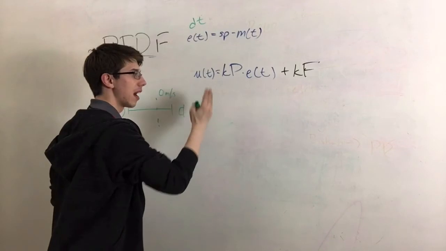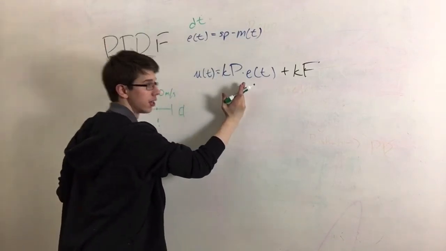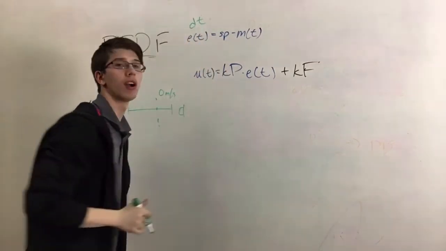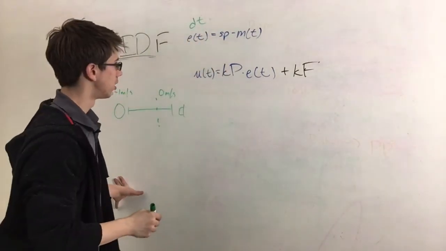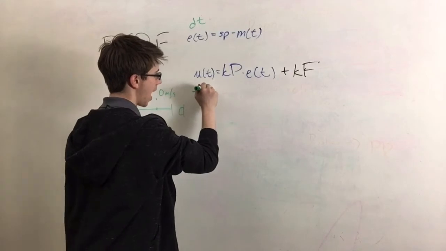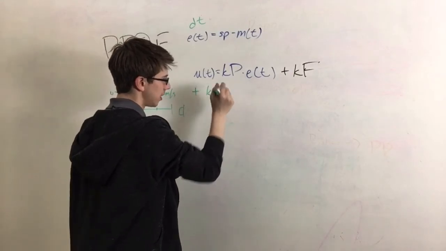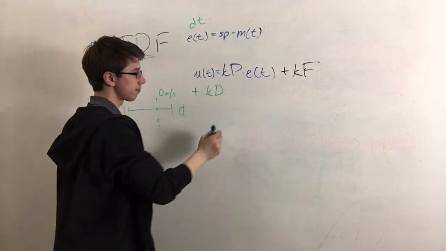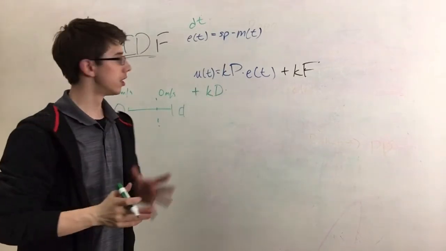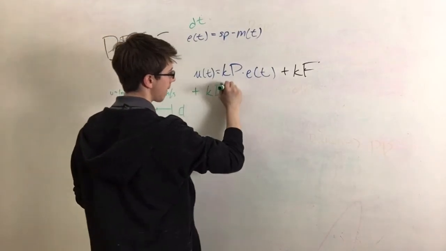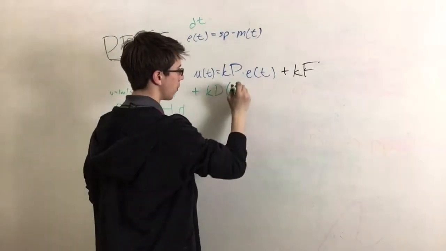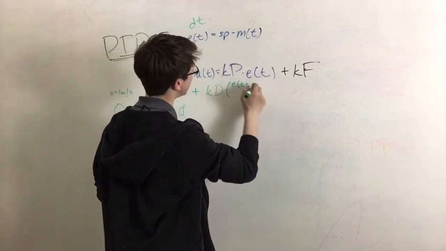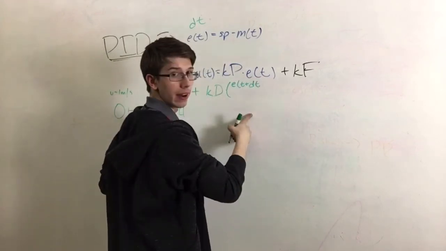So we have some arbitrary difference in time. We want to take our final error and subtract that from our initial error and then divide that by our arbitrary change in time. So we're going to add kd, which is just our derivative constant, which again is tuned, times that final error, which is going to be E of t plus dt.